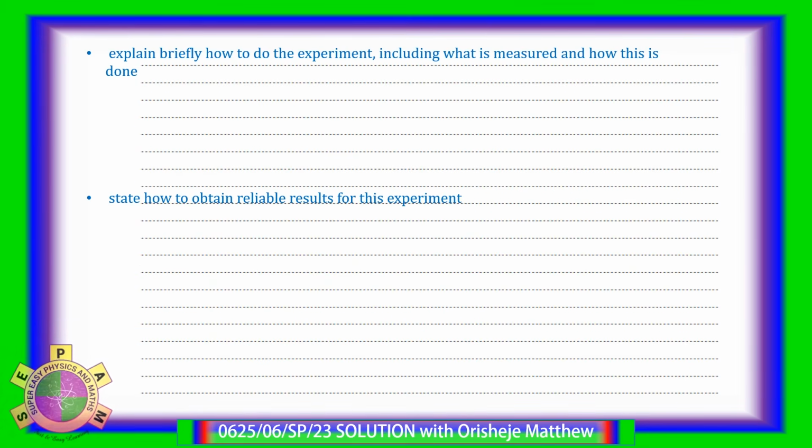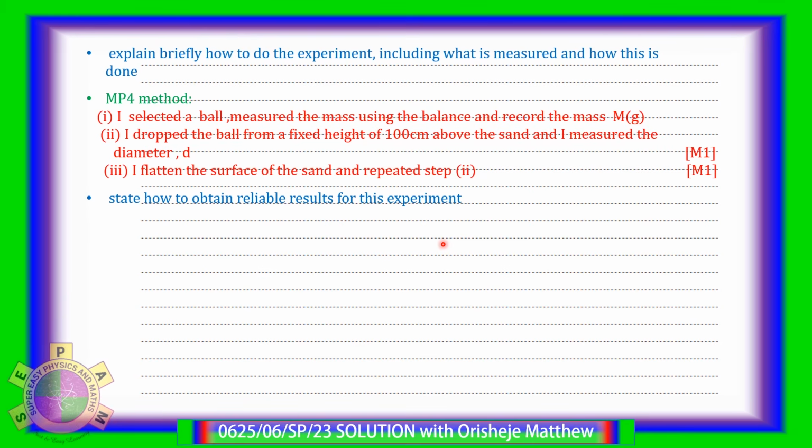So to explain briefly how to do the experiment, the procedure. Then state how to obtain reliable results, also part of the procedure. So let's run through it. I selected the ball, measured the mass using the balance, and recorded the mass in mg.